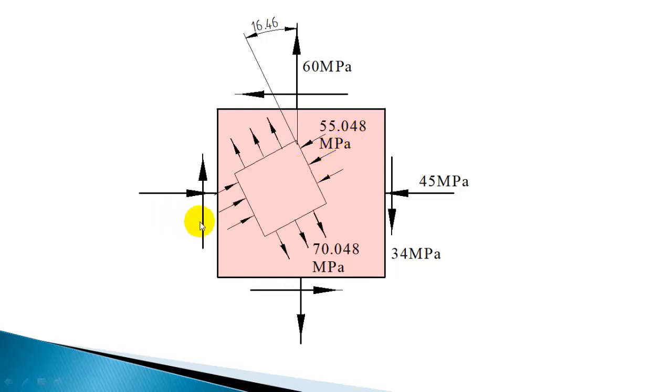Show that compressive stress. Now perpendicular to that is another principal plane, so you know the principal plane is perpendicular to that. So 90 degree from this principal plane you have another principal plane. There you have stress as 70.048 megapascal, tensile stress. So this angle is 106.46.